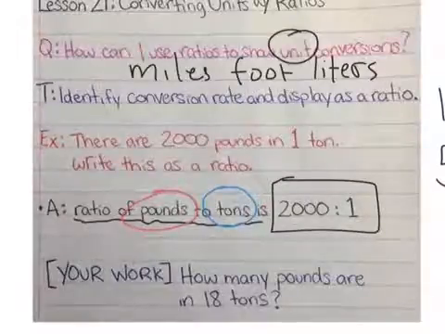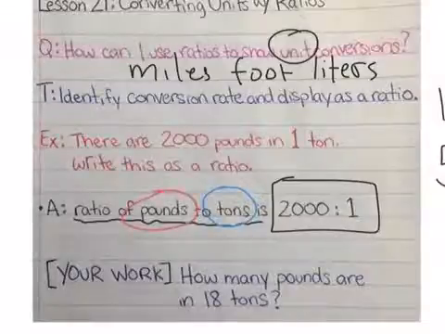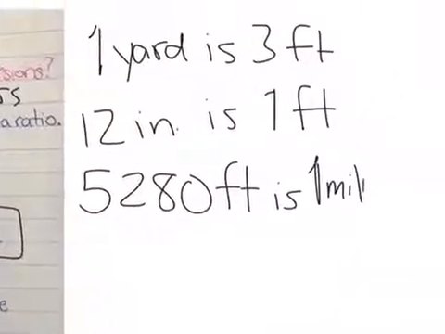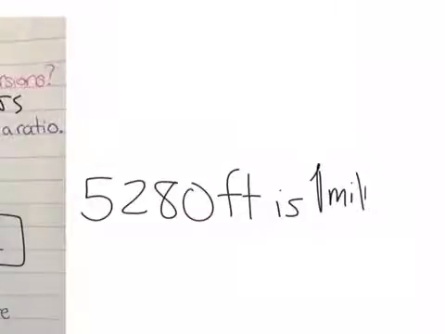Now, in order to convert these quantities into larger or smaller values, you do the same thing that we have done pretty much for the last week or two. You take step 1, which is write your ratio. So let's do an example real quick.